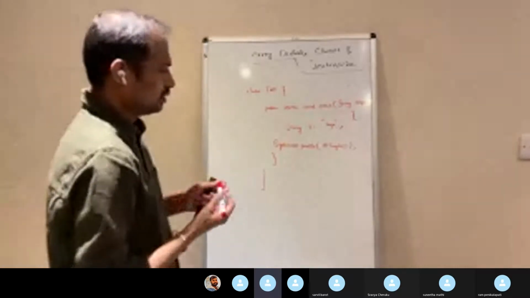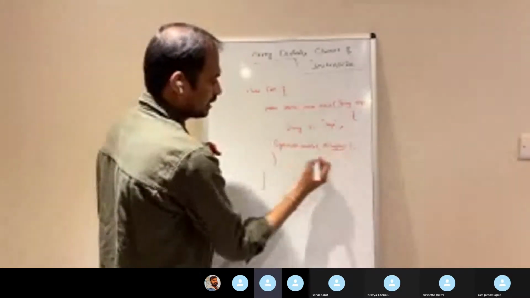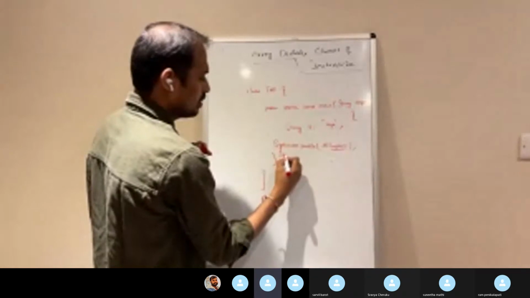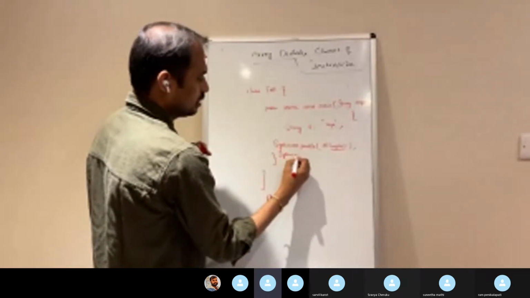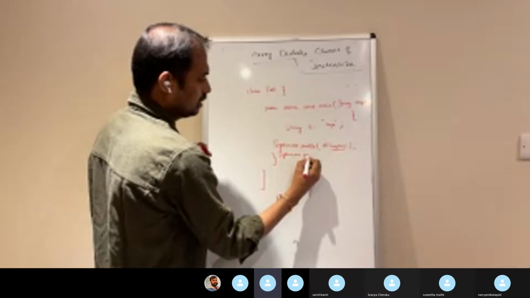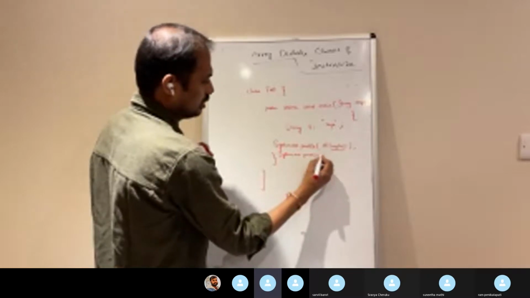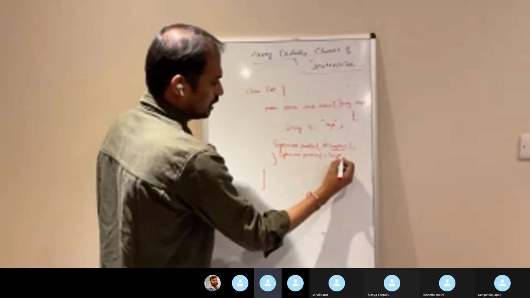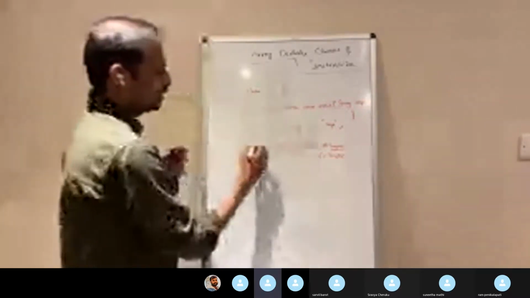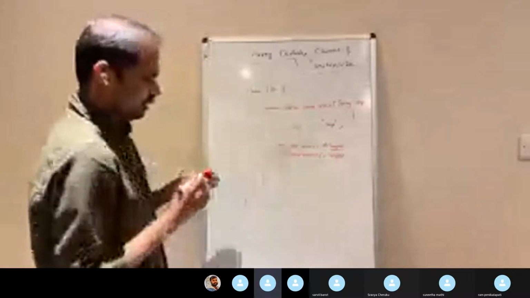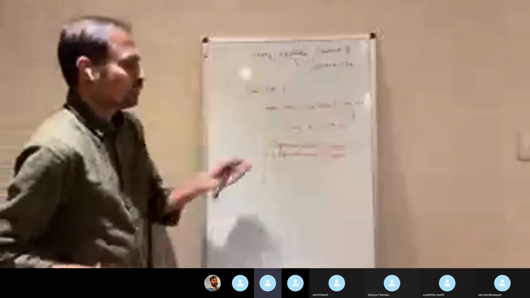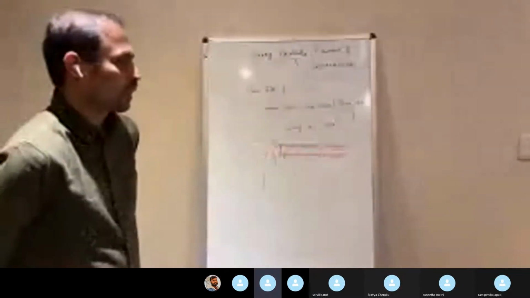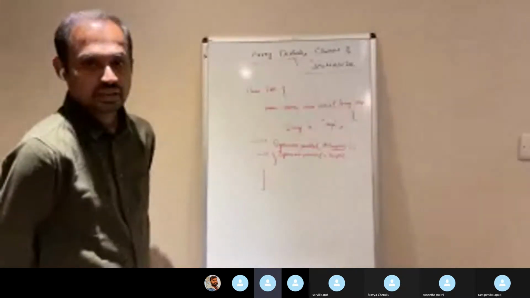I'm using the method first. And then I'm going to use system dot out dot println s dot length. Try these two programs separately. Which one is working, which one is not working? Which one is throwing a compilation error?